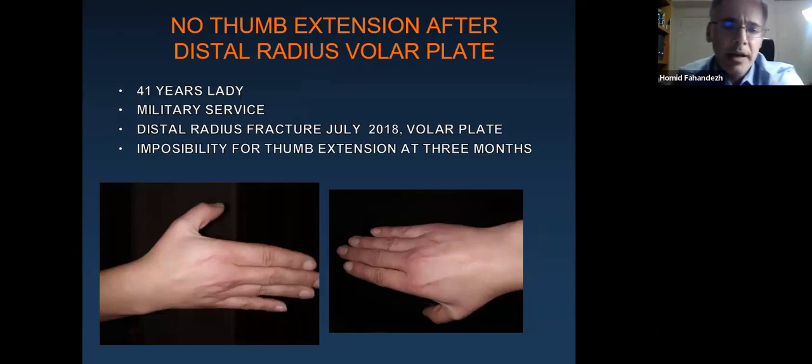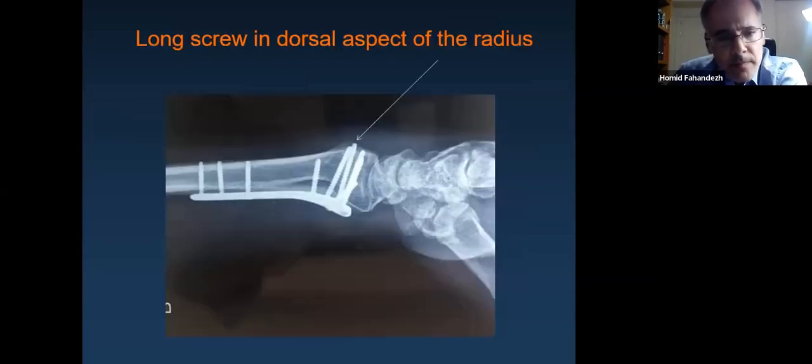This is a case of a 41-year-old military service lady. She had a distal radius fracture 2 years ago, treated with a volar plate, and 3 months ago she started with impossibility of thumb extension. She went to visit 3 surgeons, but the surgeons didn't say what's wrong with the tendon.